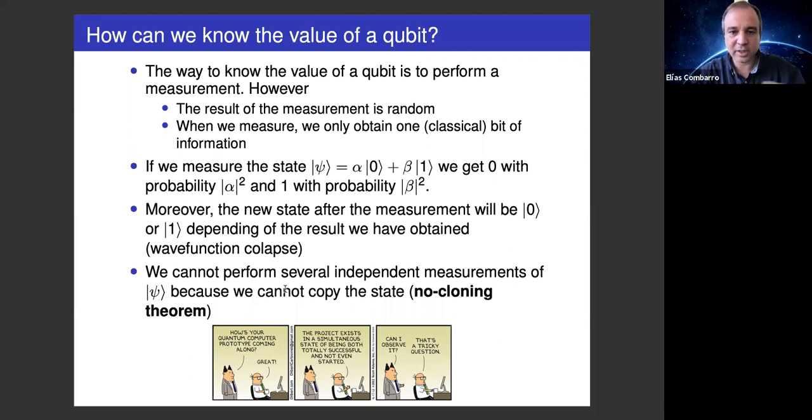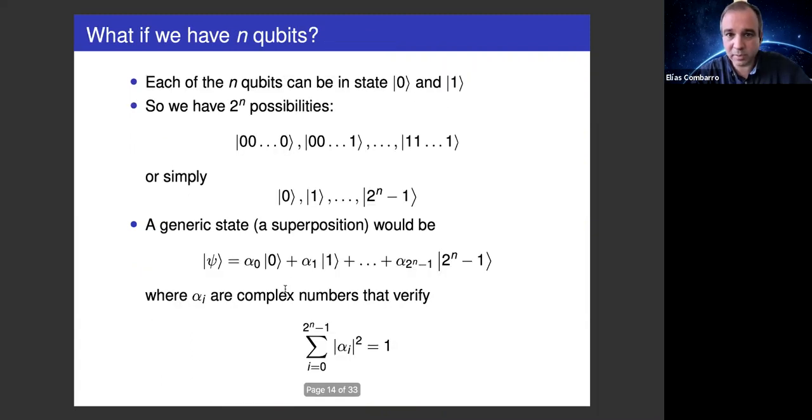So this is what we have when we deal with just one qubit, but of course, the most interesting thing happens when we have more than one qubit. Imagine that you have n different qubits, and each of them can be in state either 0 or 1, so you have 2 to the n different possibilities. They can be in 0, 0, 0, 0, 0, 0, 0, 1, and so on.